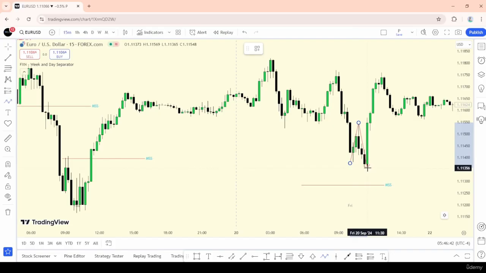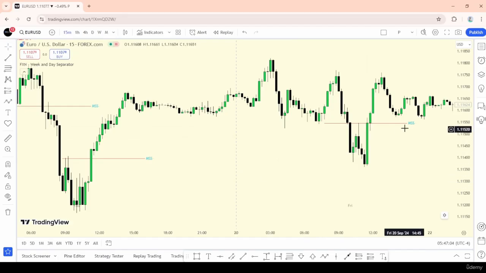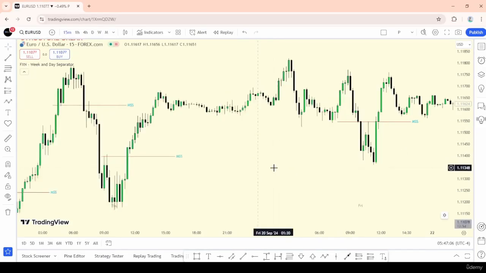So a low, a high, and a low, then the market came and ran higher and closed above this swing. That is a market structure shift. We can see that the market closed above it. Even the next candle went higher above this high. So that confirms our market structure shift or market structure break.